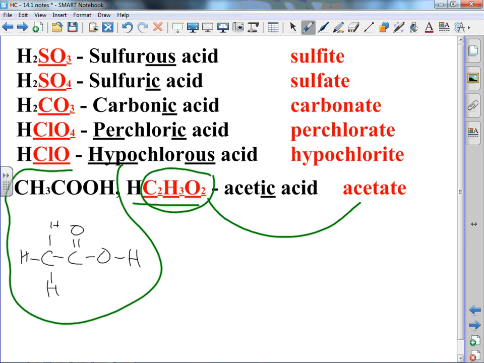C2H3O2 is acetate, so ate in an acid becomes ic, acetic. So again, very quick review of acids in terms of nomenclature and writing formulas. Go back into the Chapter 7 notes and videos, and you can get more detailed explanations if you need it.